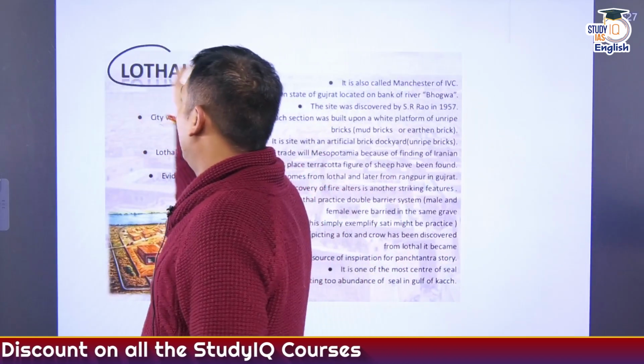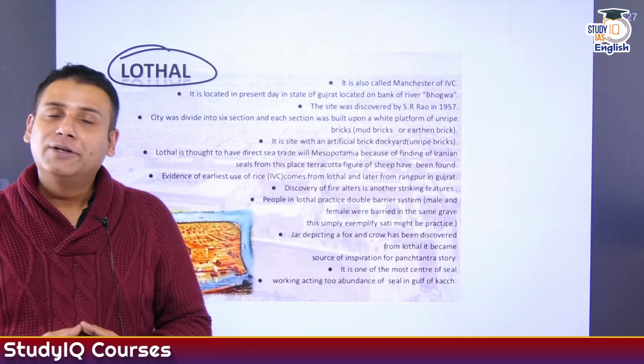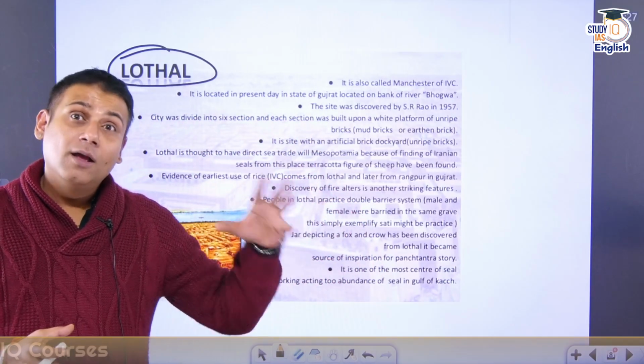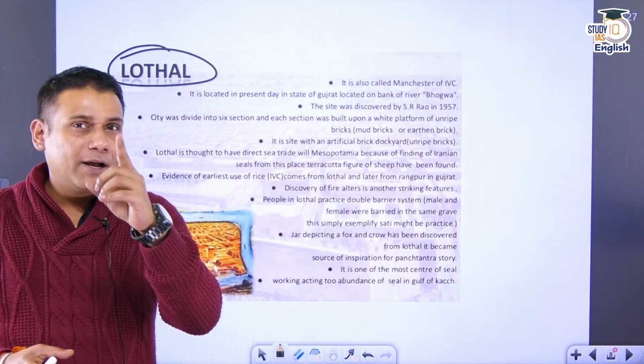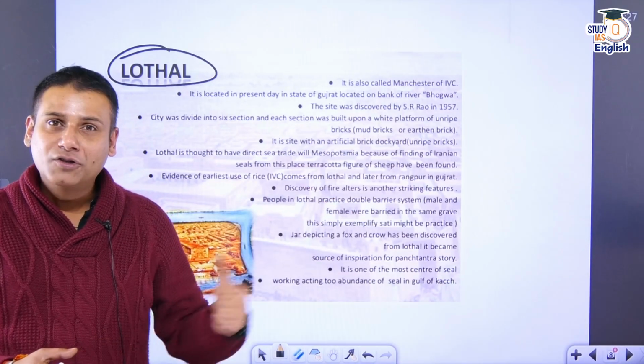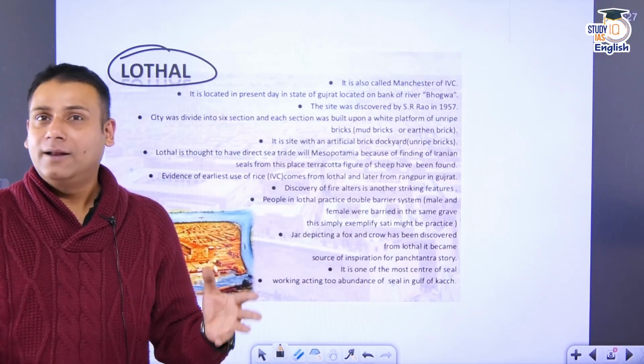Lothal, very important site. The Indus Valley civilization site of Lothal is located in Gujarat. The first artificial brick dockyard was observed at the site of Lothal. So it was a port site.